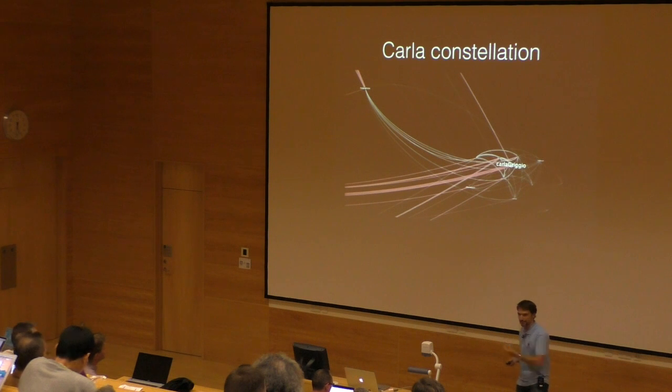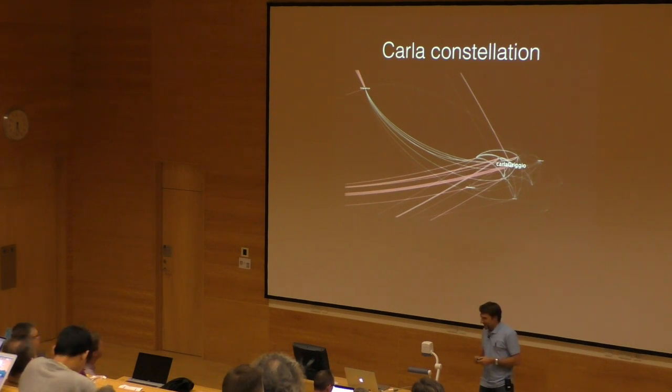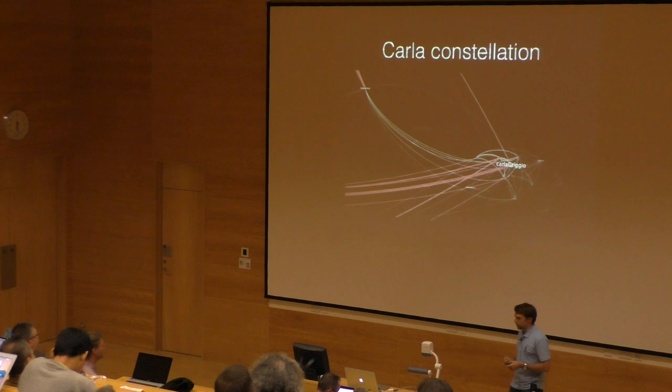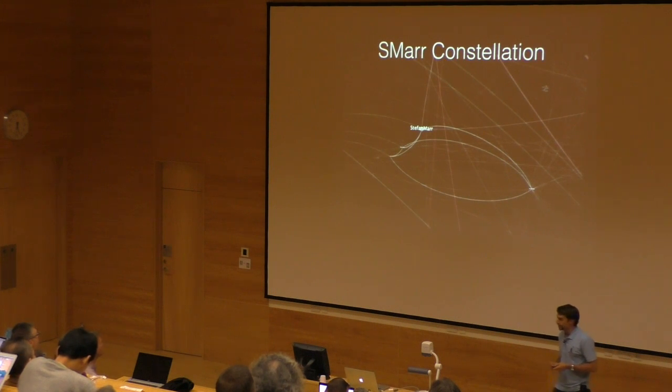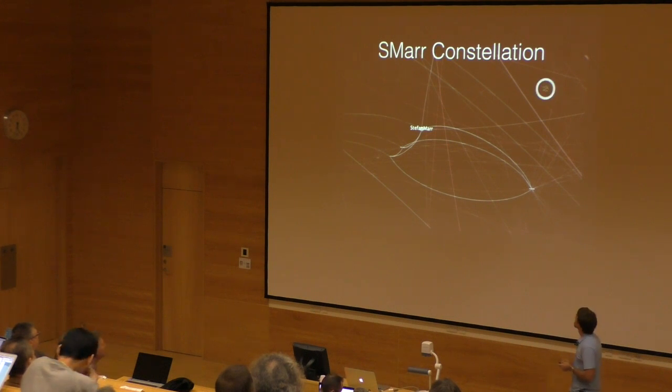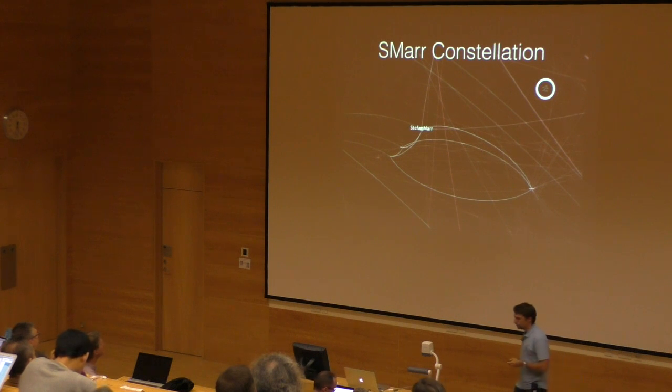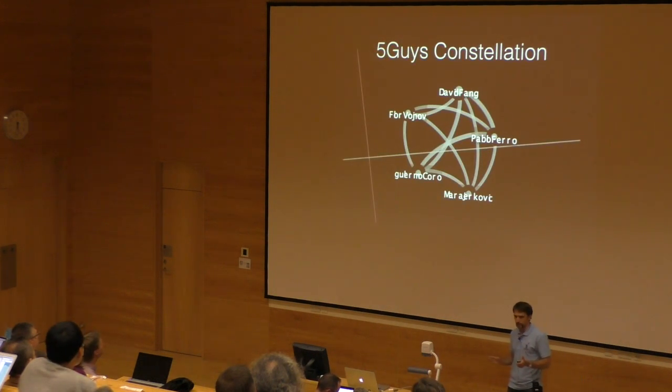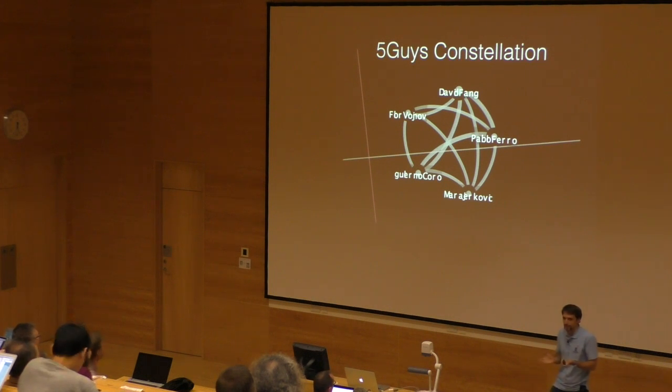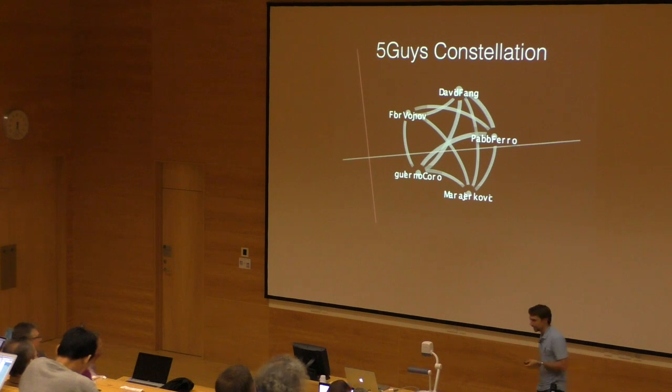So this thing works, right? And then you have, for example, the Stefan Mar constellation. But when you look really close at the top right corner, there is a tiny little thing that I call the Five Guys constellation, because these are five guys who work only with each other and not with anyone else.